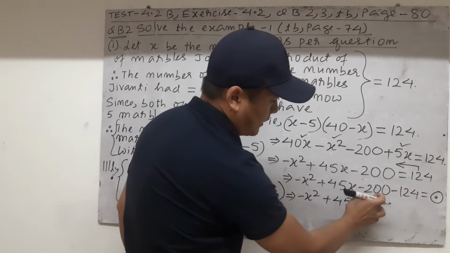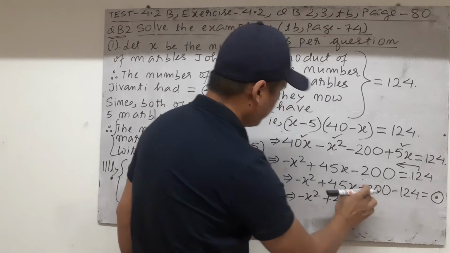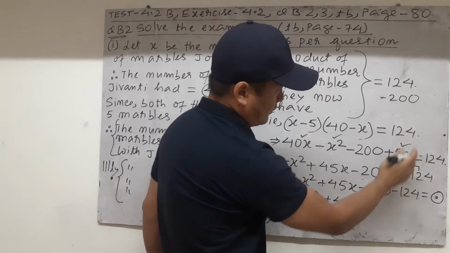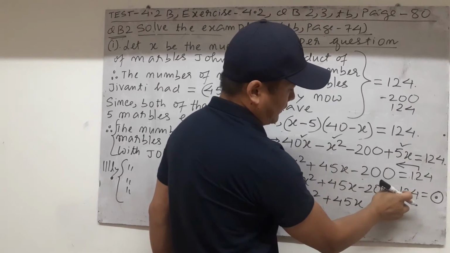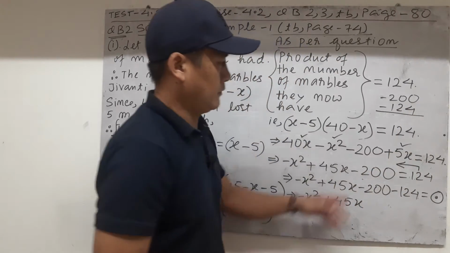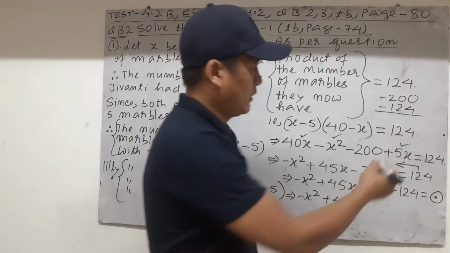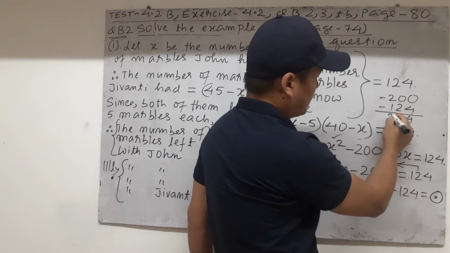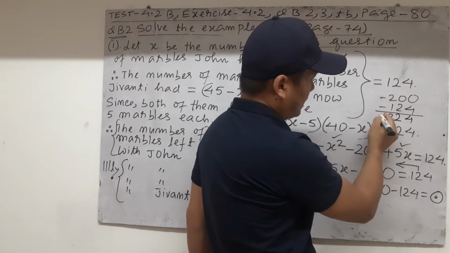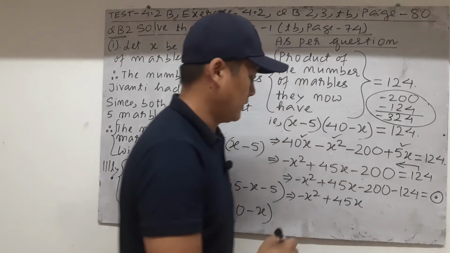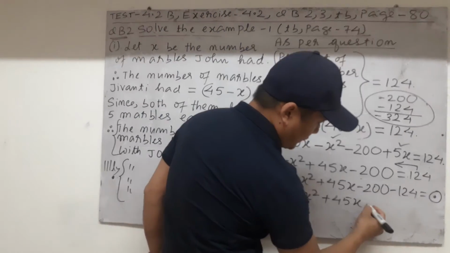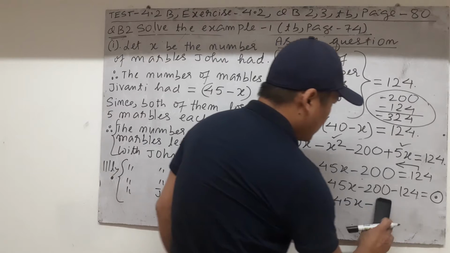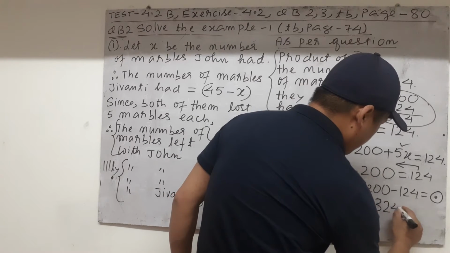Here minus 200, then this also minus 124, and in front is minus, and we know that if both of them are minus we add: 4 plus 0 is 4, 2 plus 0 is 2, and 2 plus 1 is 3. Both minus means after adding it's a minus sign. You can write these things on your graph. So minus 200 and minus 124 combined is minus 324 is equal to 0.